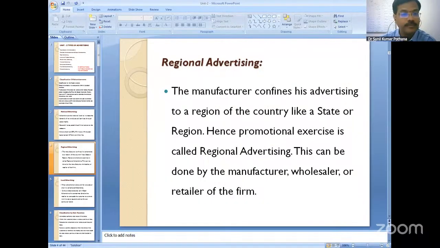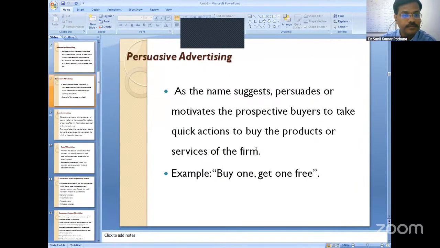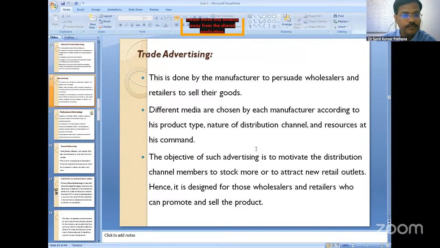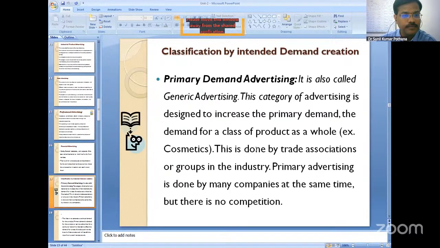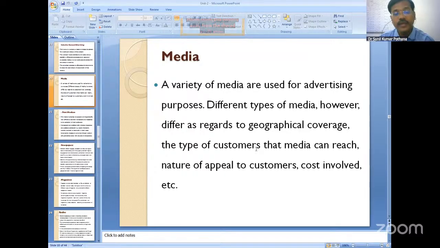Now coming to discuss the media. A variety of media are used for advertising purposes.